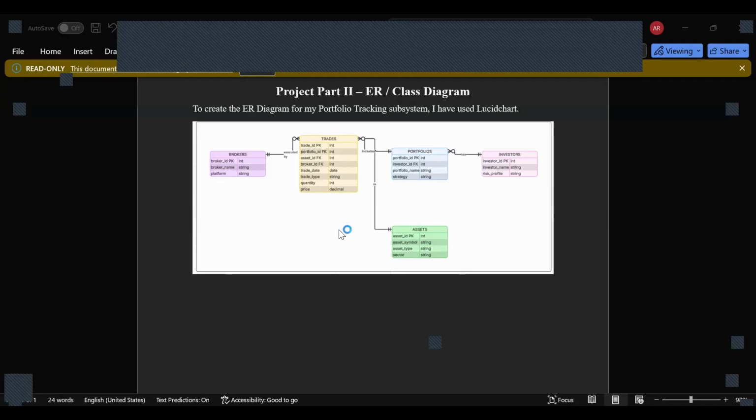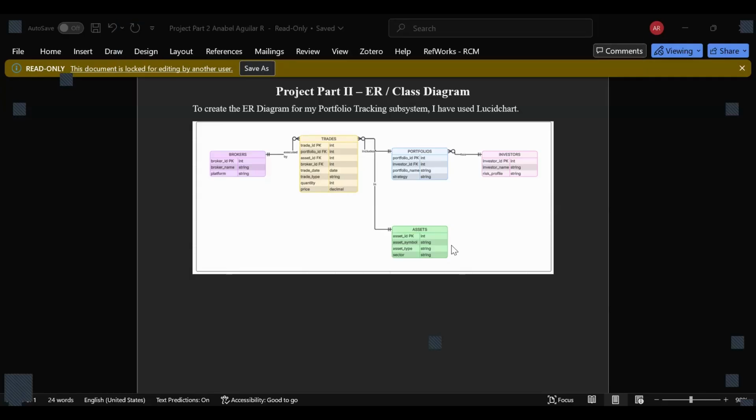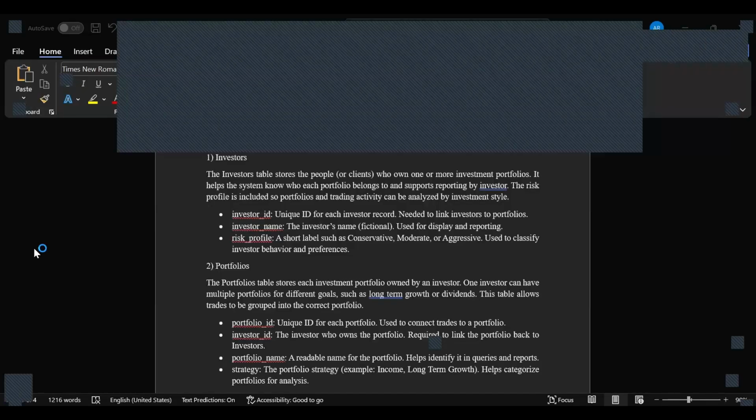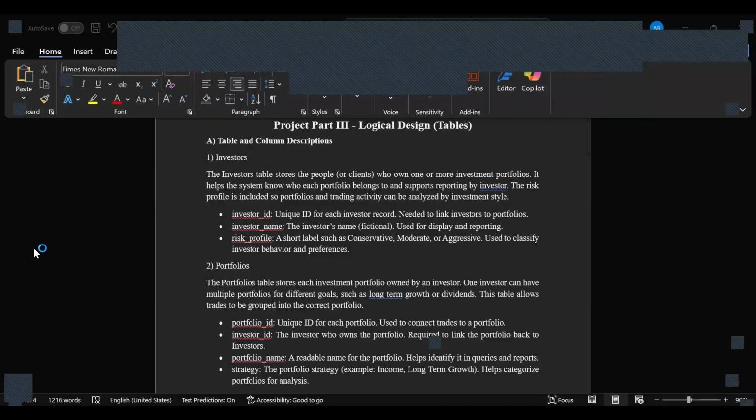To explain the relationships of the tables, I think it'll be easier if I show you part 3 of my project. Here we can see the logical design of my ER diagram in more detail.